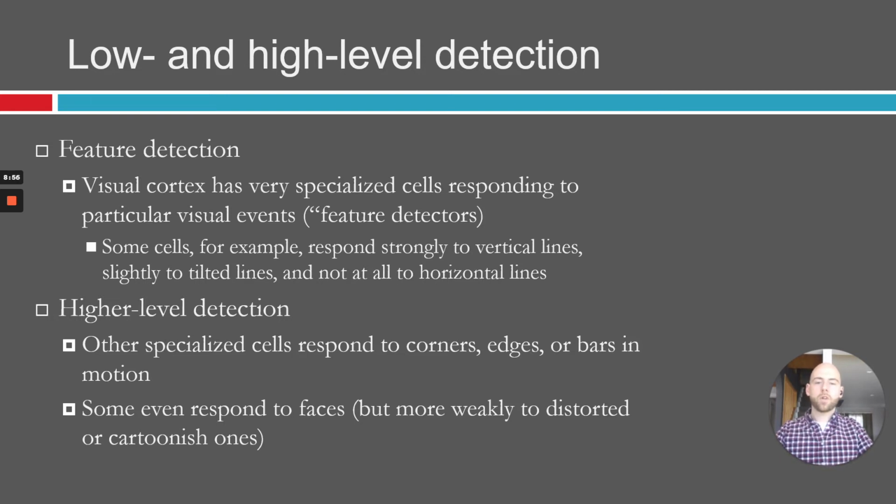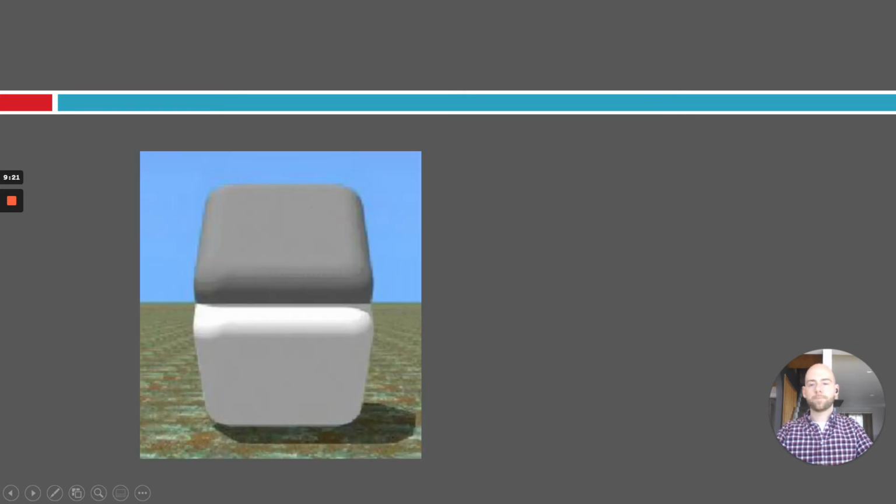Or if you show someone a cartoonish face, the same types of detectors might fire. So this is an adaptation again, because it's very important for human beings to discriminate between faces, tell who is who, and be able to see different facial expressions on people. So we have adapted as a species to be able to detect faces in a very efficient manner.